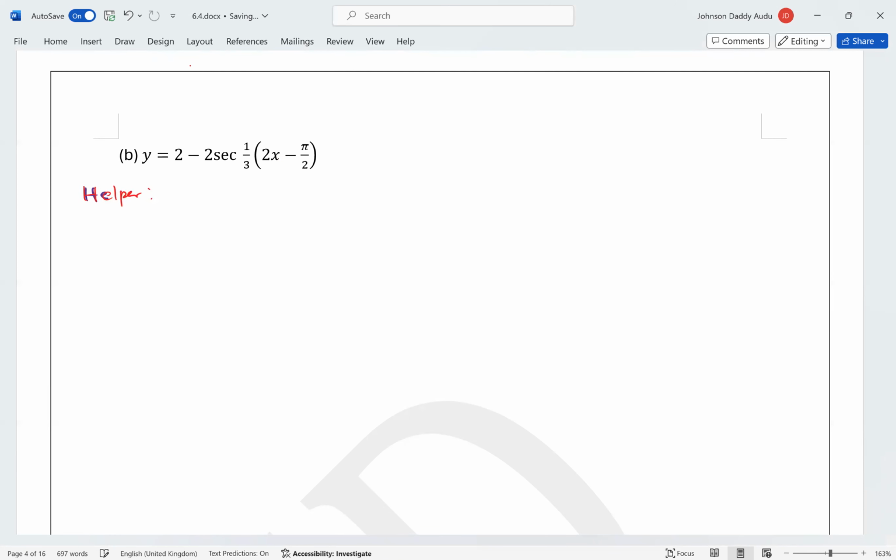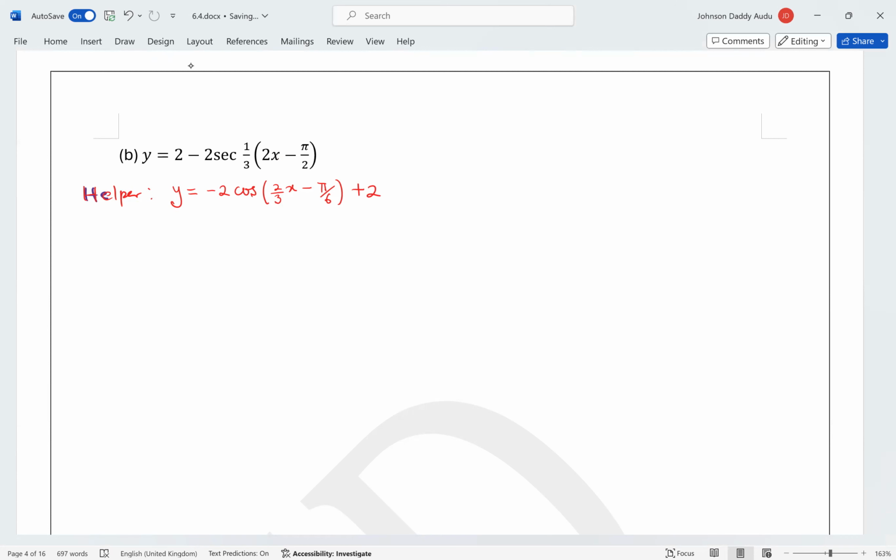The helper will be the graph of y equals minus 2 cosine. Here you can take the 3 inside, so it becomes 2 over 3 x minus, is it pi over 6? Then everything plus 2.